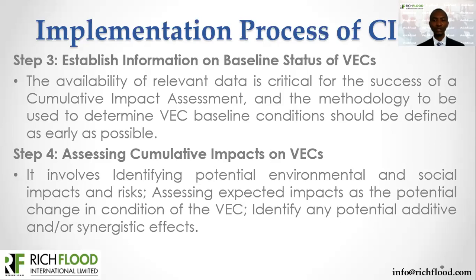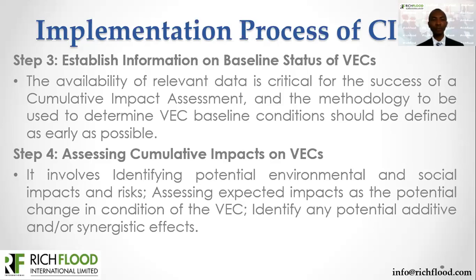So the data that you actually need in carrying out a cumulative impact assessment are the indicators that will give you information as to the changes that are taking place in the environment, changes in terms of the biodiversity.